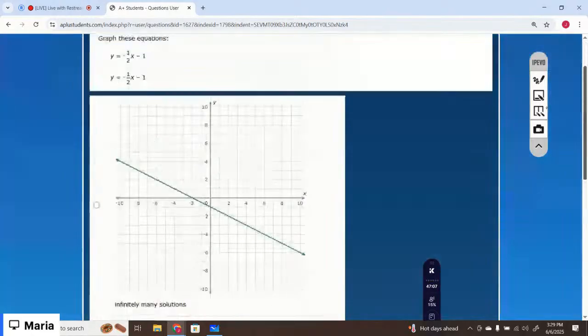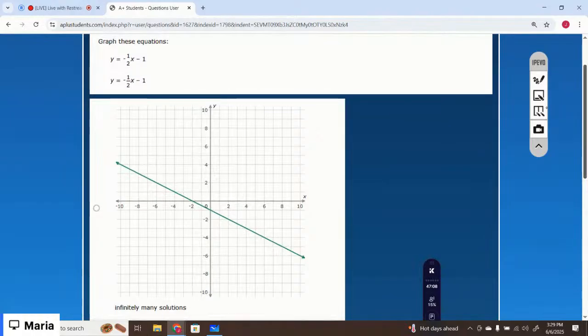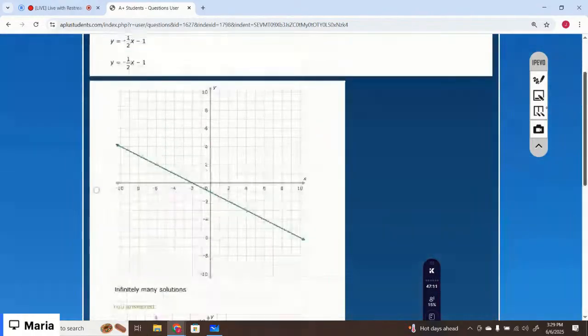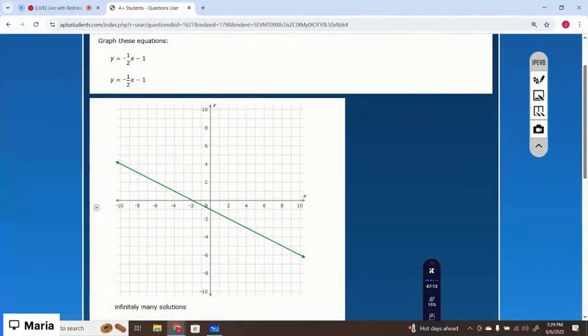The lines are the same, so there are infinitely many solutions. Option number one is the correct option.